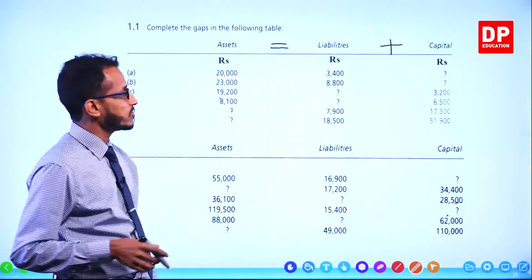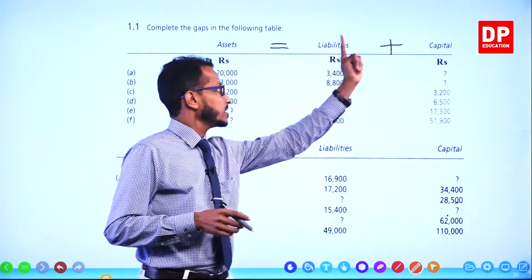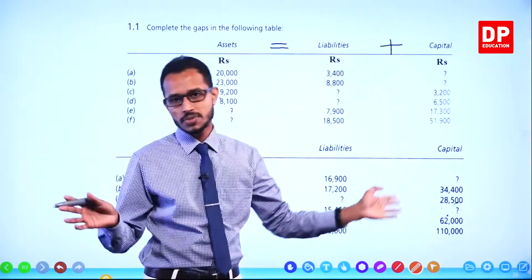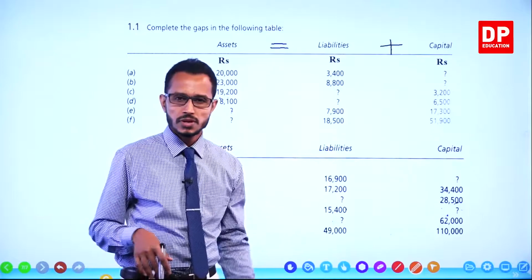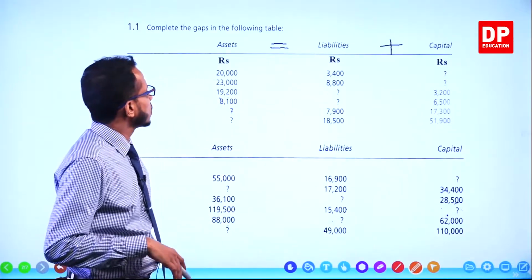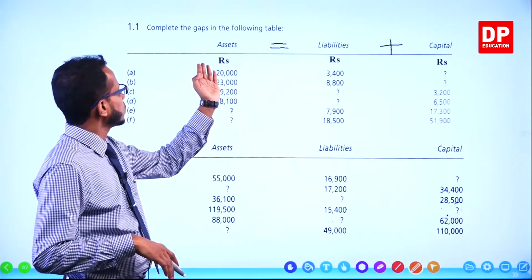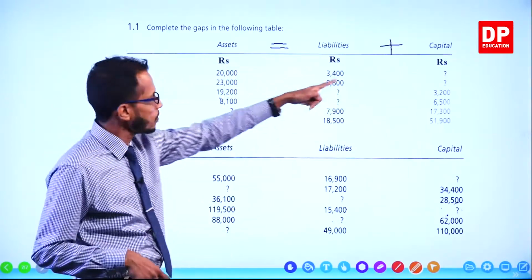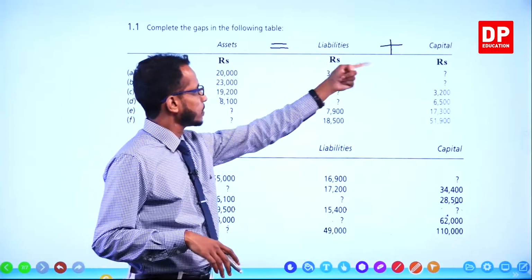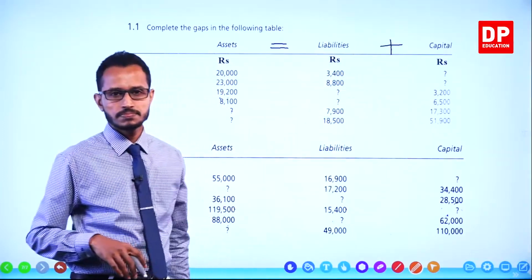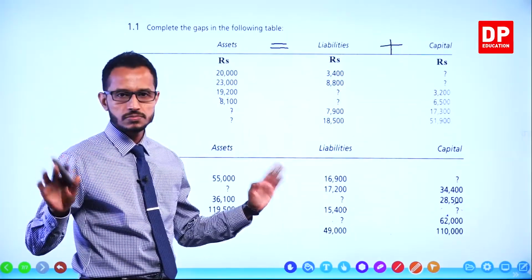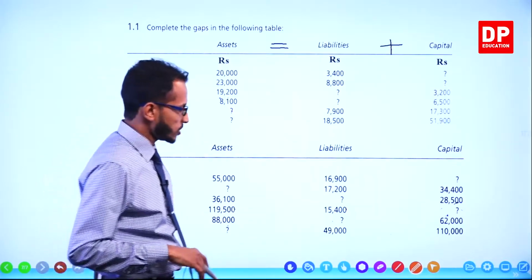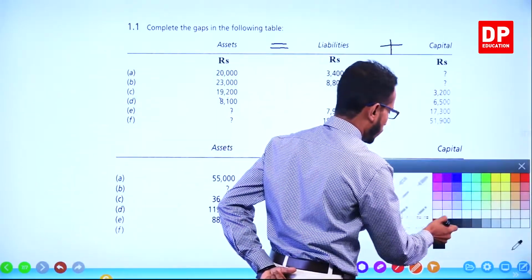Now in this screen we have liabilities plus capital. It's the same thing. No difference, right? So we can say assets equals liabilities plus capital, or assets equals capital plus liabilities. Same thing. No difference. We'll do the calculations to finish it off.